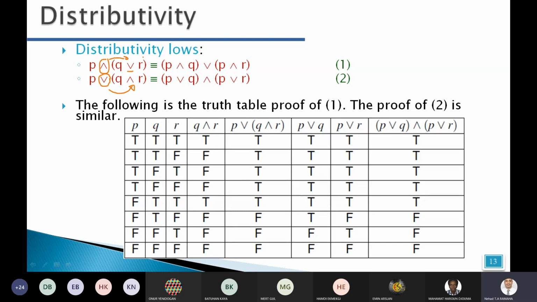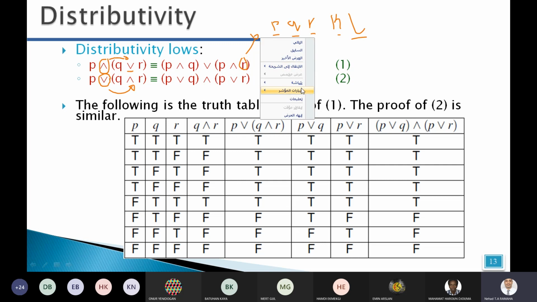Both are distributivity laws. So you can make it like this. If you have P and, between brackets, Q or R, R of course is another proposition. It's the same as P and Q. You can have R, K, L, any other name for a proposition.